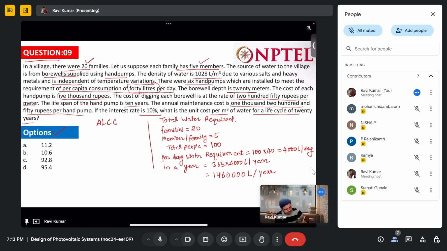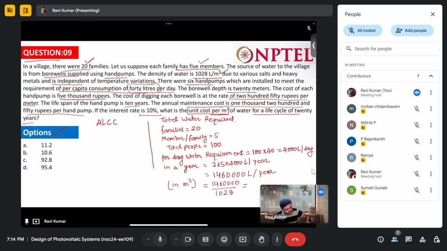And in meter cube, because the question is asking unit cost per meter cube, it is 1460000 divided by 1028, which is the density given.